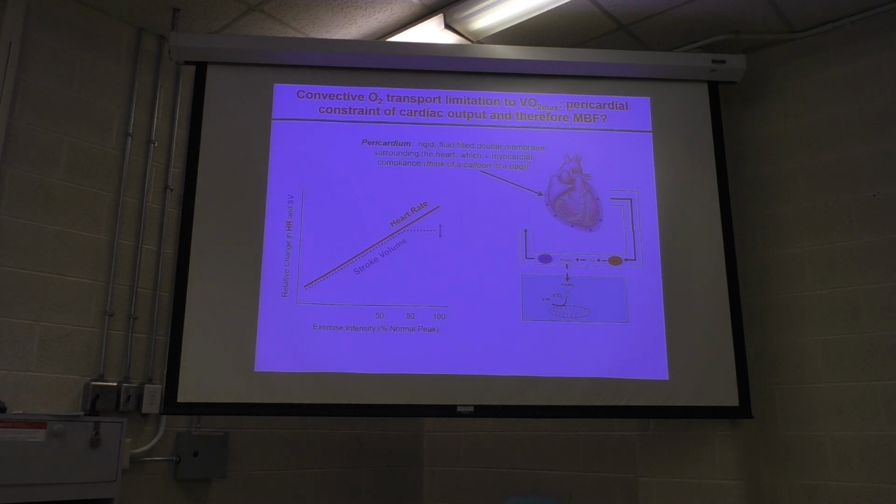if this is your pericardium and here's your heart, or sorry, I drew a balloon in a bag. But let's say here is your rest, you're just hanging out. Here's diastole, here's systole. If you're going back and forth between these two things, then you're fine.